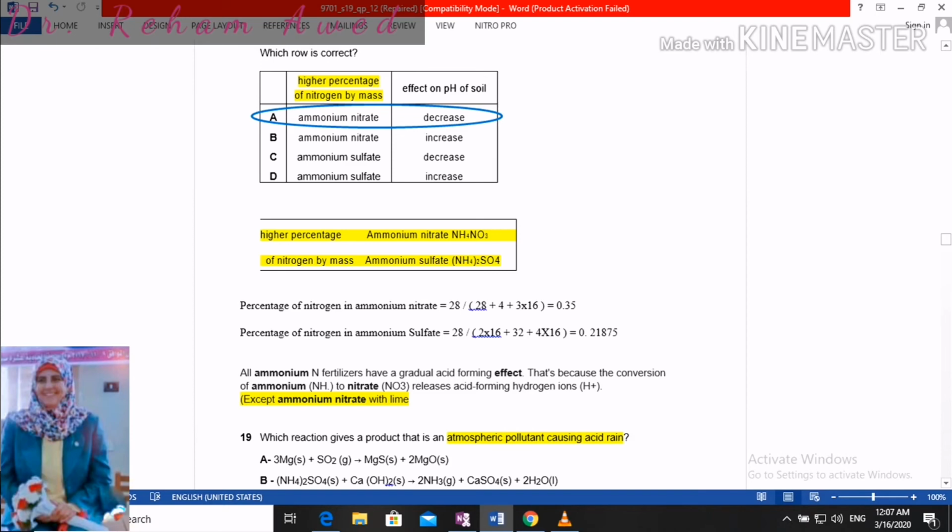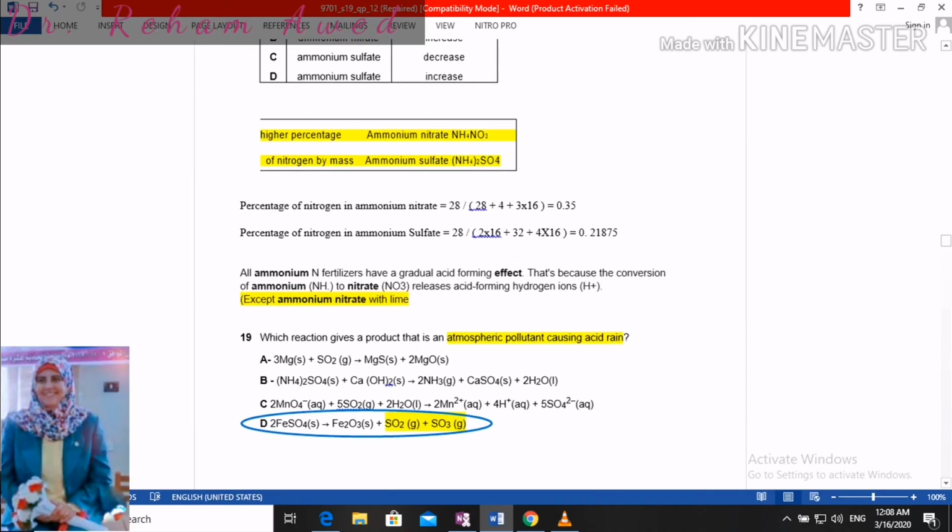So pH will decrease, except if you add limestone or calcium hydroxide or calcium oxide, as all of these compounds are basic compounds. So it will increase the pH of the soil, not decrease it. Okay? Question 19.